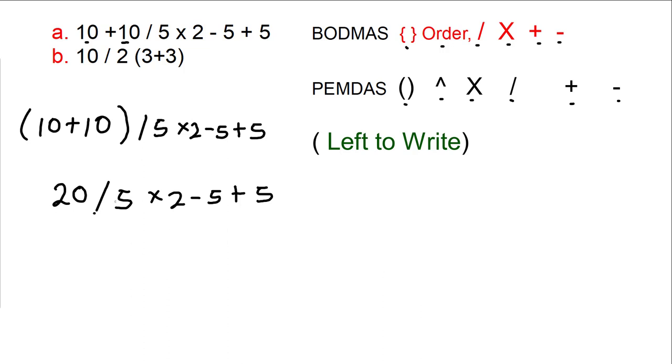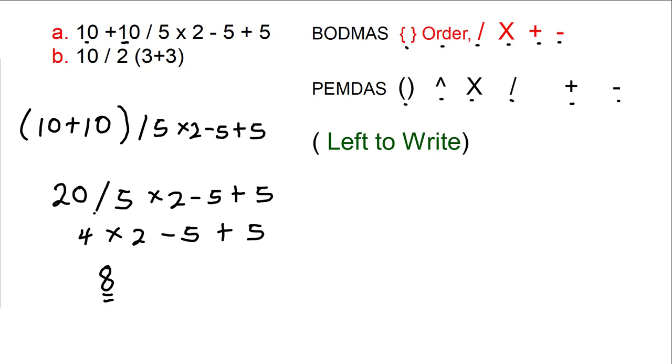We have division, so we need to evaluate the division. 20 divided by 5 is 4 times 2 minus 5 plus 5. Since we have multiplication, we need to evaluate the multiplication. 4 times 2 is 8, and then minus 5 plus 5 is 0.